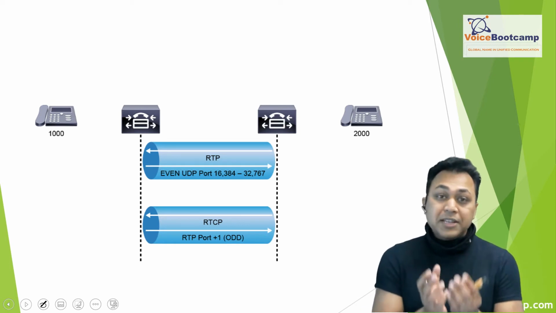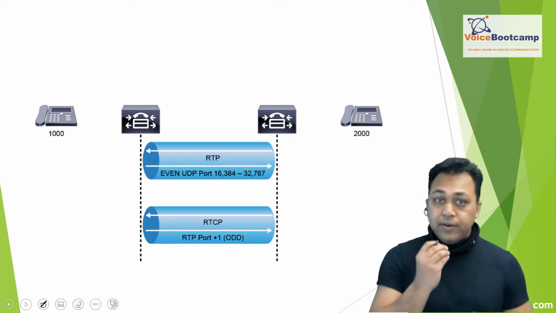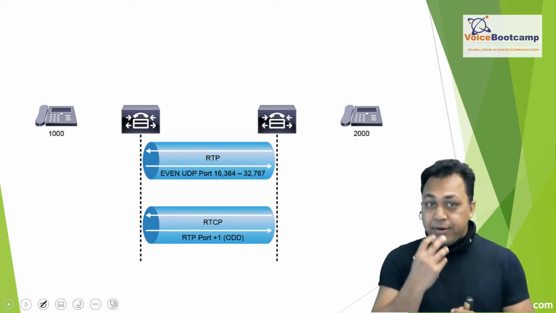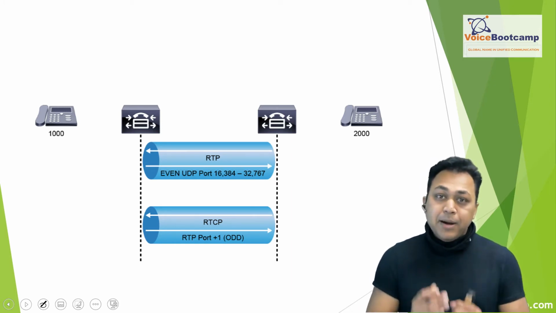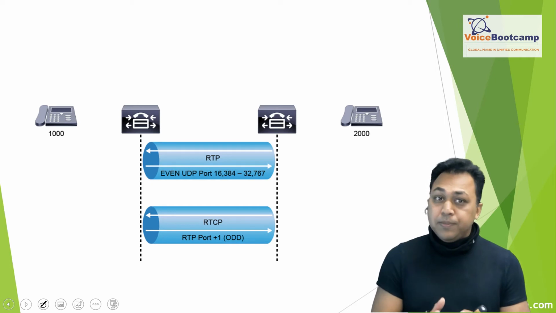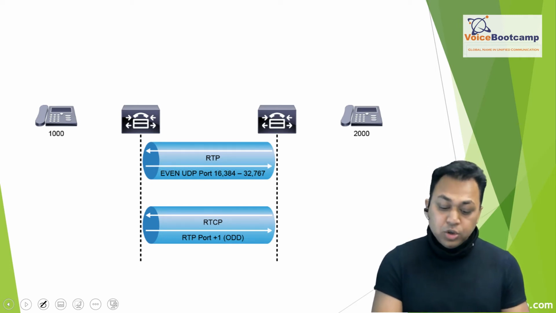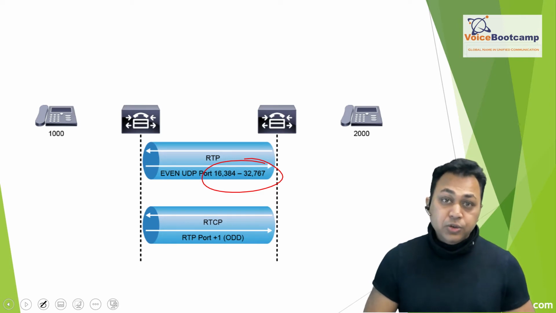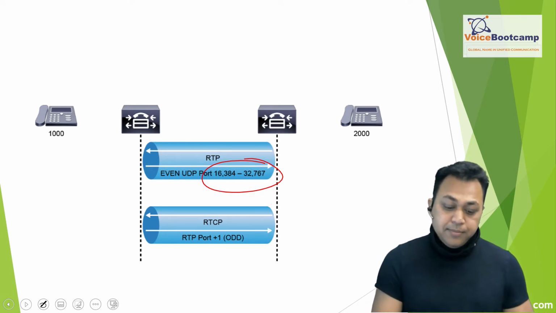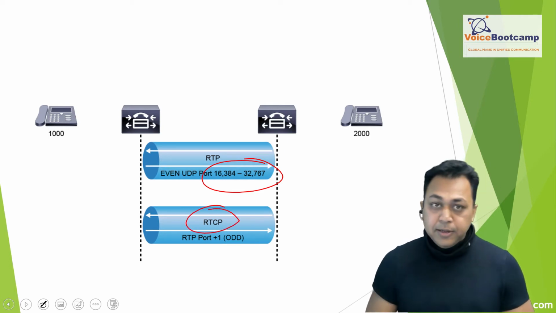RTP is the protocol that carries the conversation. So if I say hello world, it's going to carry that conversation in that packet. But it uses a port number, a UDP port. So it will have to negotiate from this range what port you want to use to transport the packet. At the same time, it's going to negotiate an RTCP.